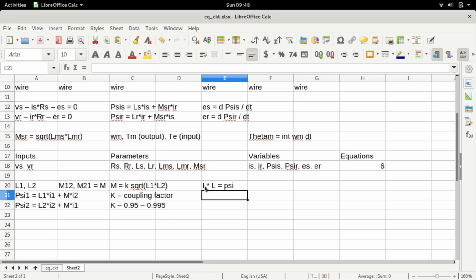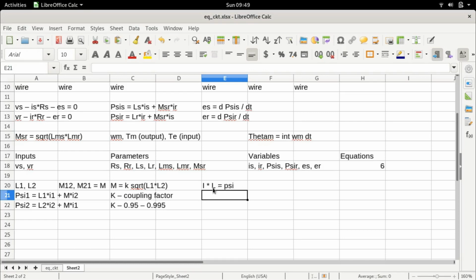Specifically, if a current of 1 ampere flows through an inductance of 1 Henry, it will produce a flux linkage of 1 Weber turn. So this is the definition of the inductance.